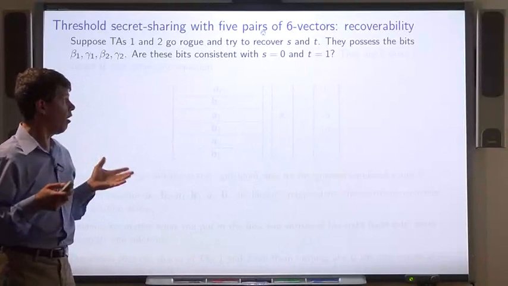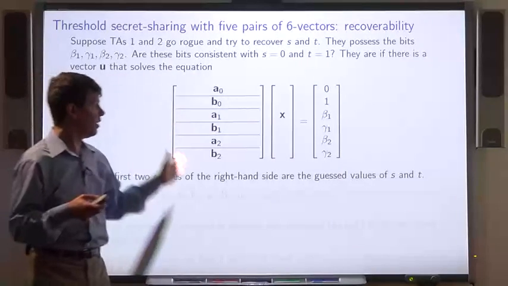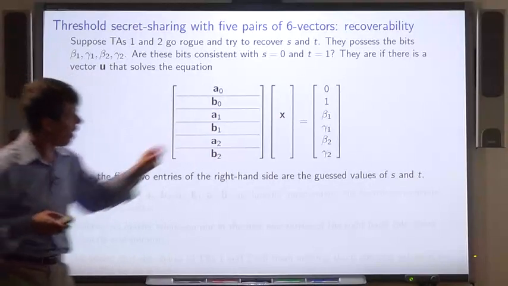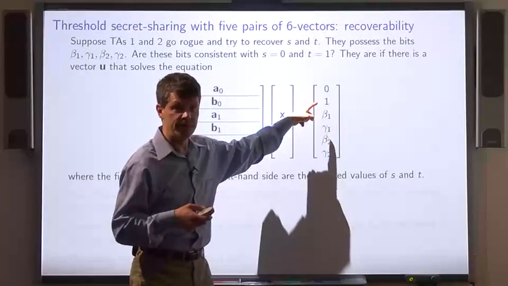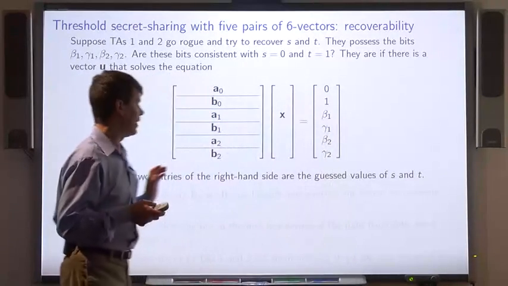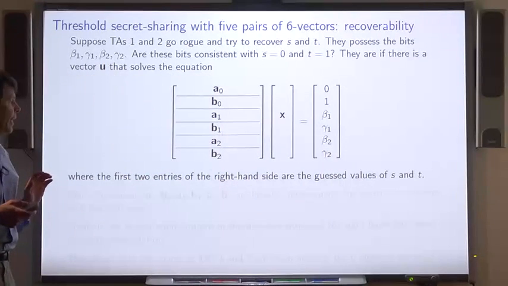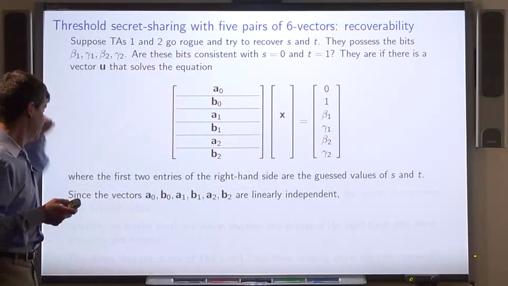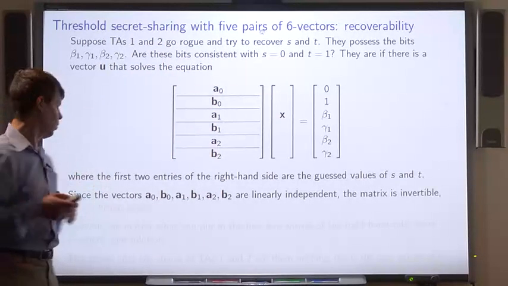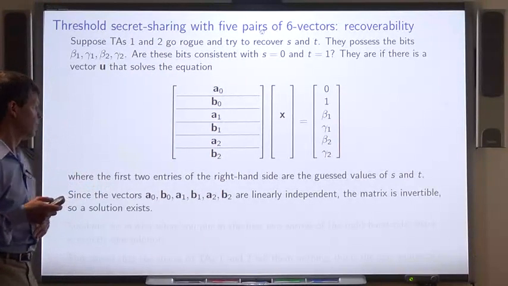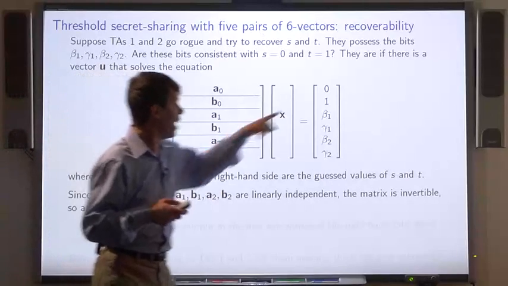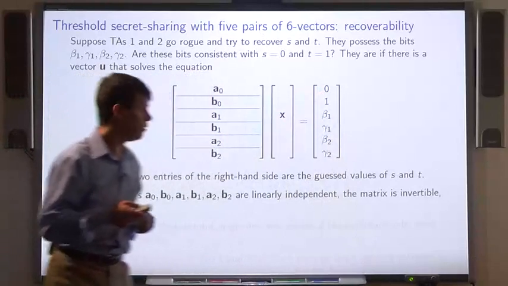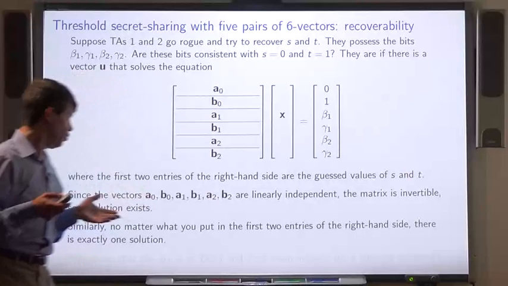Well, they are if there's a vector that solves this equation, where I've put 0 and 1 as the first entries of the right-hand side. Now, since these vectors are linearly independent, there does exist a solution, exactly one solution. Similarly, no matter how you set these first 2 entries, there exists a solution.